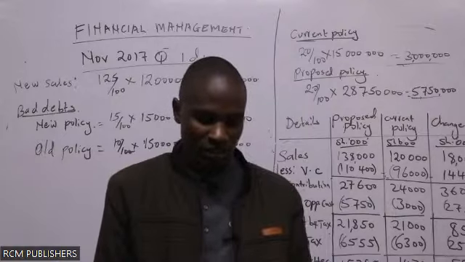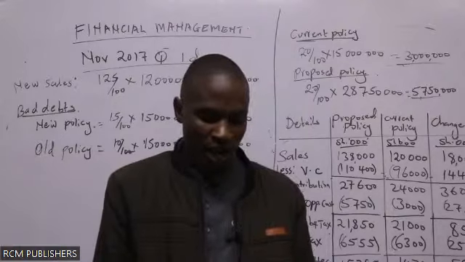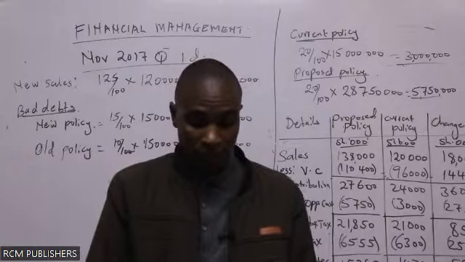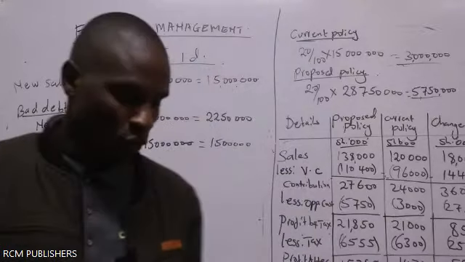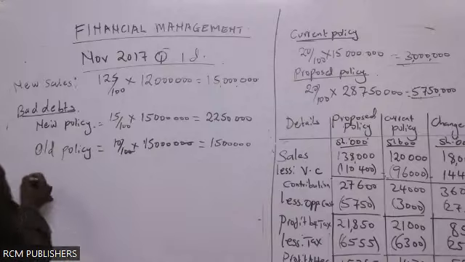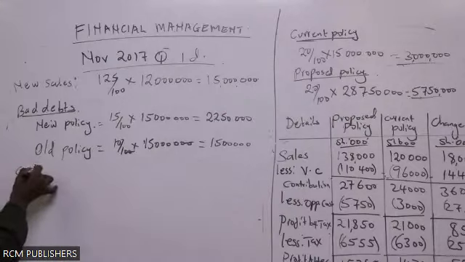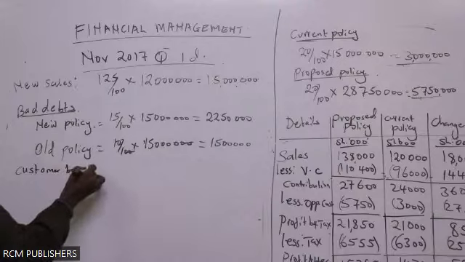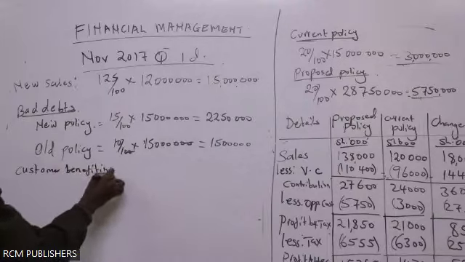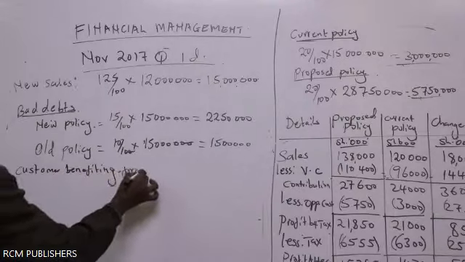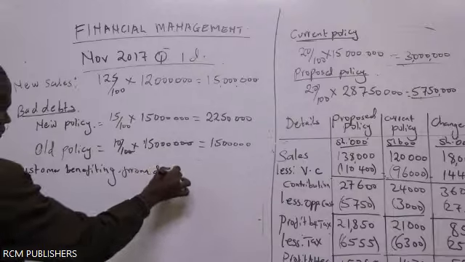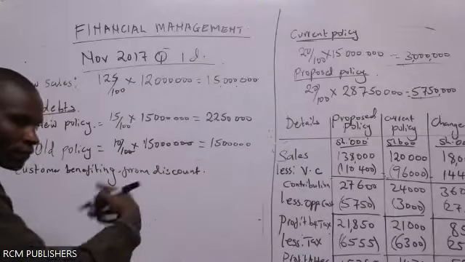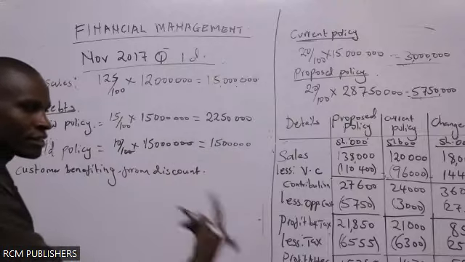Therefore, let's check. Customers who will benefit from a discount offer, in a change from 30 to 3/10 net 60.